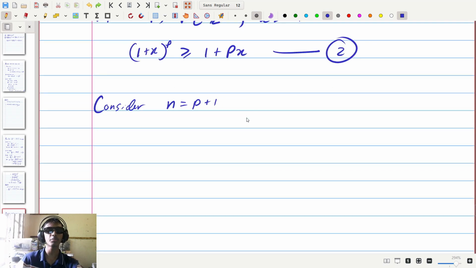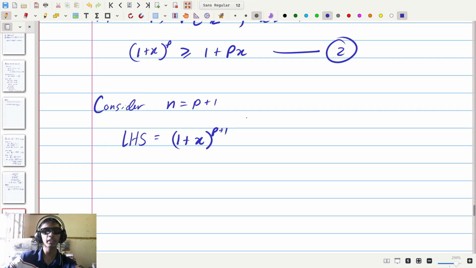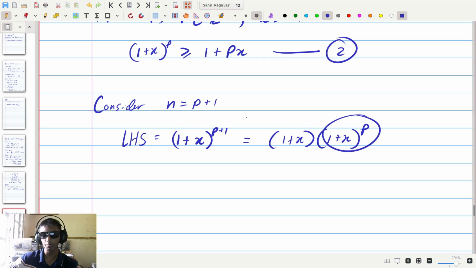To do that, let's substitute the left hand side, LHS, which is equal to 1 plus x to the power of n, which is p plus 1. Now in order to work with the left hand side, we expand it as being equal to 1 plus x times 1 plus x to the power of p. This is of course true, since 1 plus x to the power of p plus 1 is equal to 1 plus x times 1 plus x to the power of p.